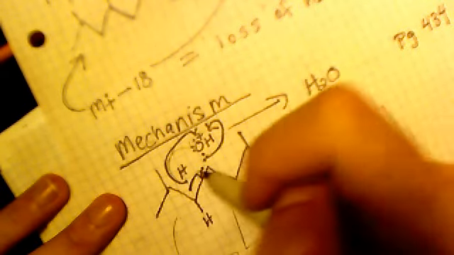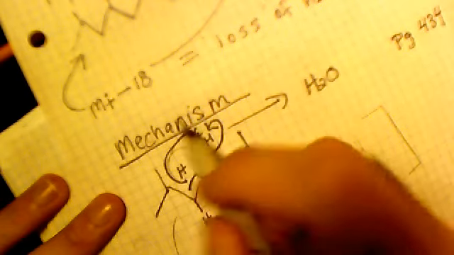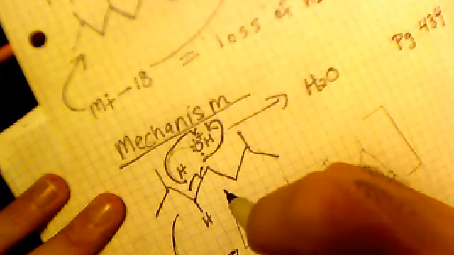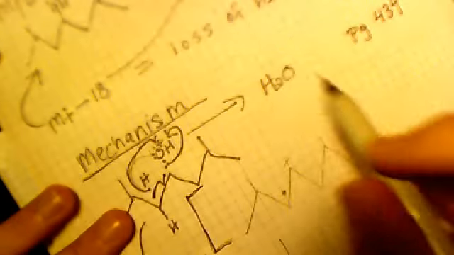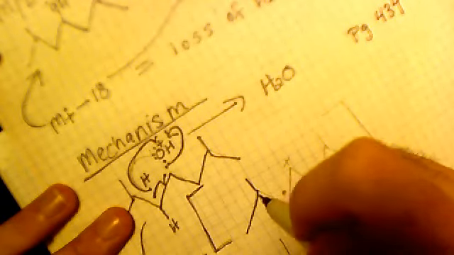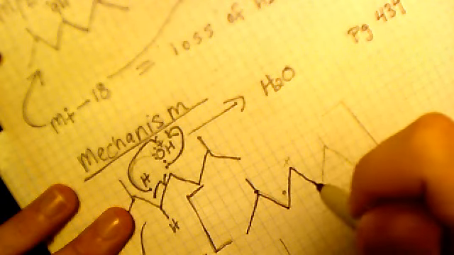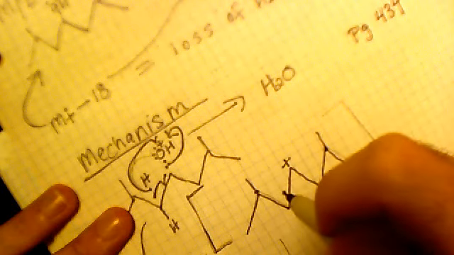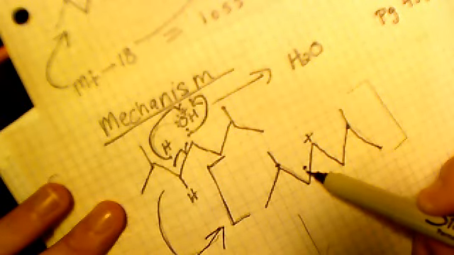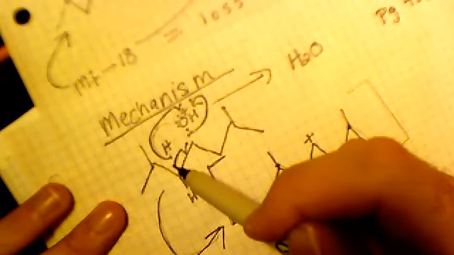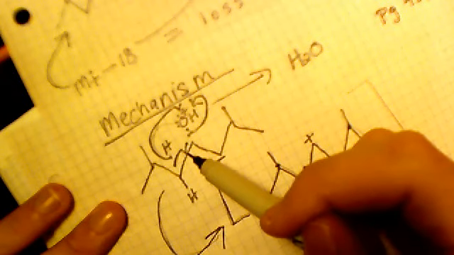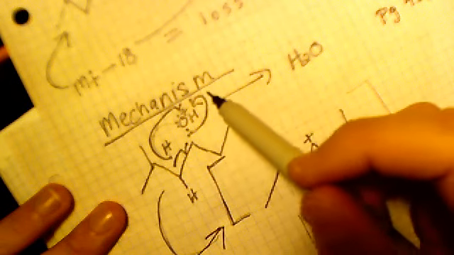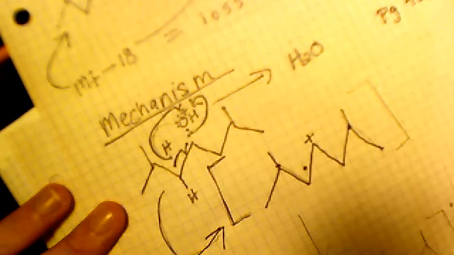So that breaks off and becomes water, and then what's left over, the book says, is this. Here we see the electron that this hydrogen gave to this little bond here, and this is positive because it gave both of its electrons to water so that the water could break off.